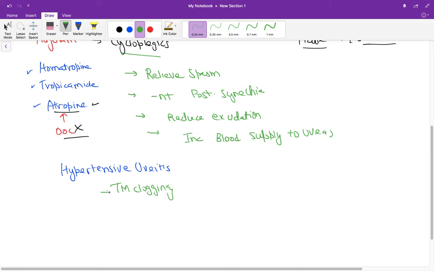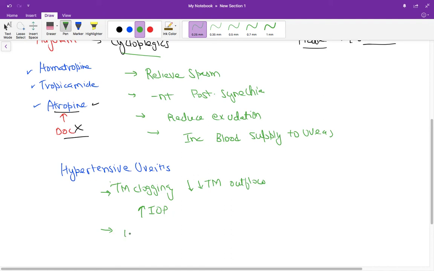Because of this clogging, there would be decreased trabecular meshwork outflow. As you all know, the trabecular meshwork outflow consists of 90% of the drainage. So if the trabecular meshwork outflow is decreased, there would be an increase in the intraocular pressure. So this is basically the pathogenesis of hypertensive uveitis.